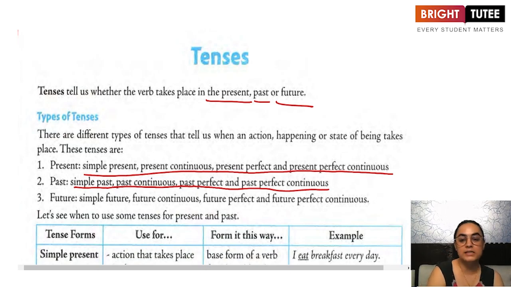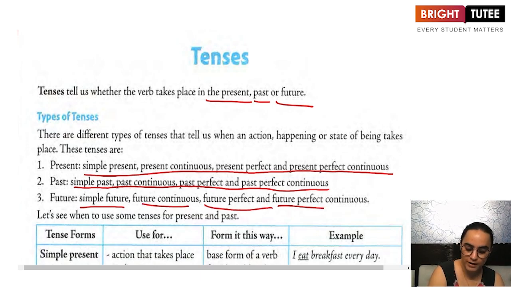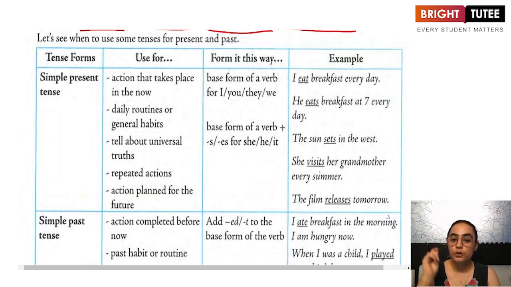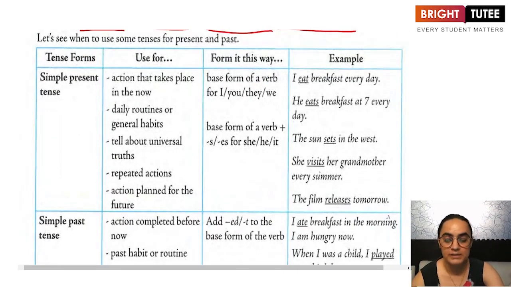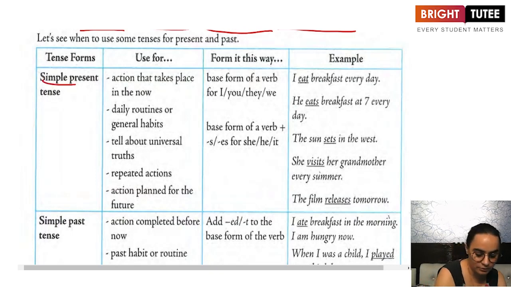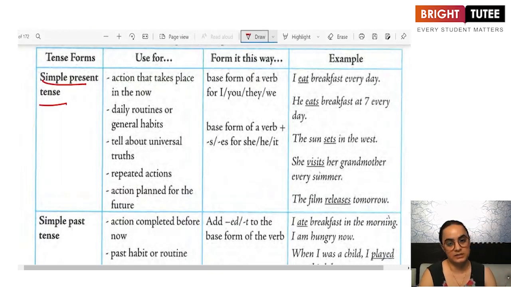And if we consider the future, we have the simple future, future continuous, future perfect and the future perfect continuous. We shall discuss each of these tenses, the rules on the basis of which we form a sentence in each tense, as well as their usage. First, let us talk about the simple present tense.